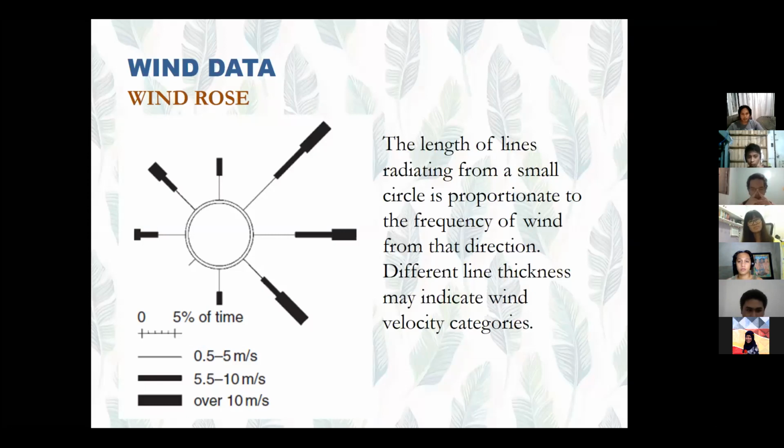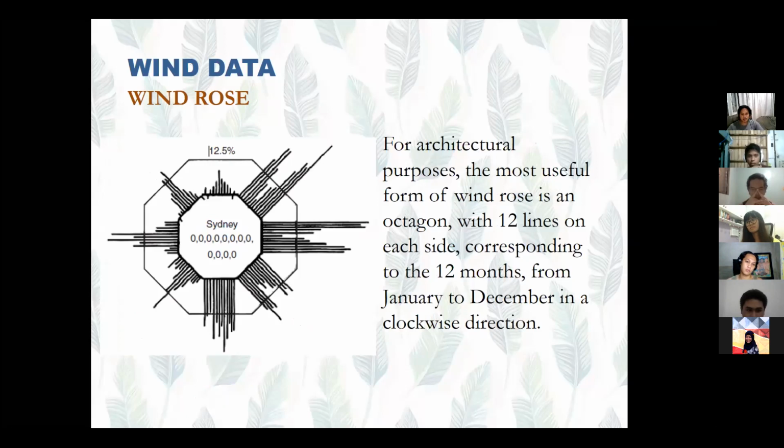Best is naka-octagonal shape siya, para makita yung north, east, west, south, even the southeast one. And then naka-indicate, andyan yung 12 lines para makita yung monthly na frequency and speed. It is in this shape.